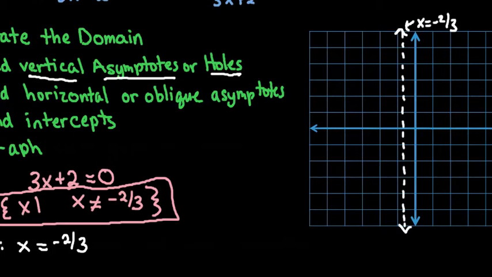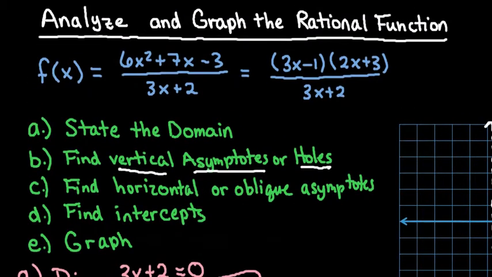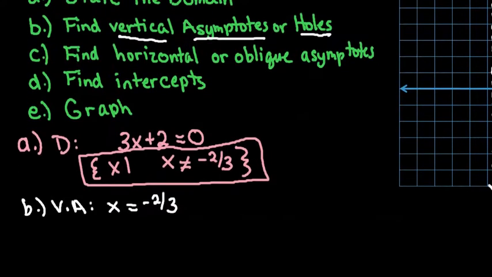Okay, so let's talk about the next one. The next thing that we're going to talk about is horizontal or oblique asymptotes. The way that you tell is you look at the degree of the numerator and the degree of the denominator. For this one, because the degree of the numerator is 1 more than the degree of the denominator, that tells us that we're going to have an oblique asymptote.